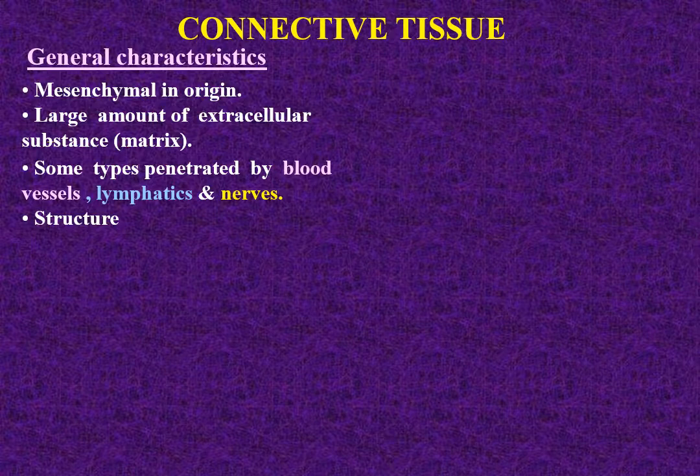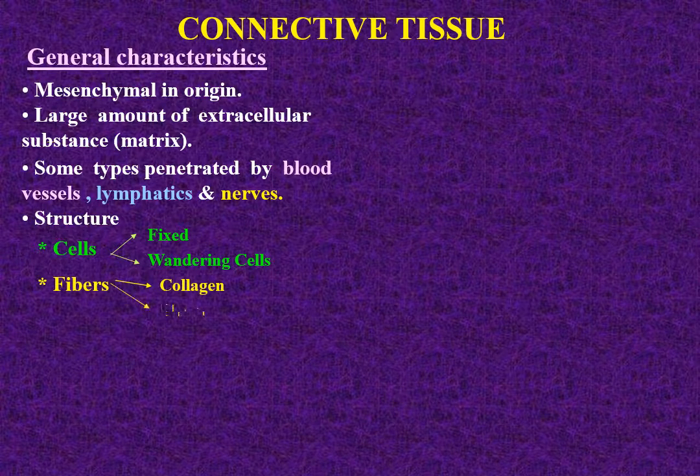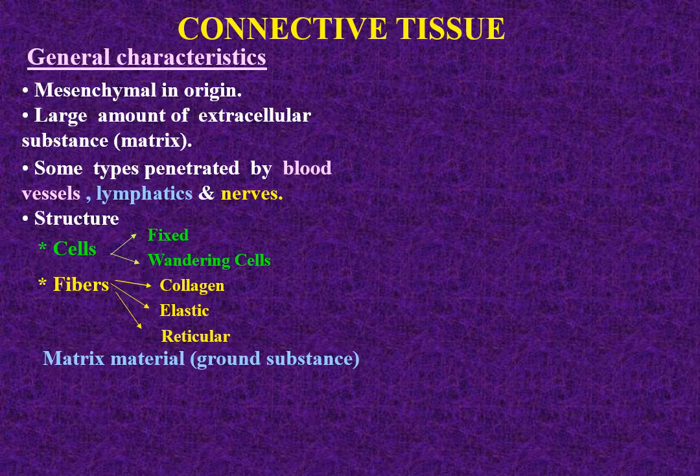Connective tissue consists of cells, both fixed and wandering cells, and fibers (collagen, elastic, and reticular fibers) embedded in an amorphous ground substance or matrix material.